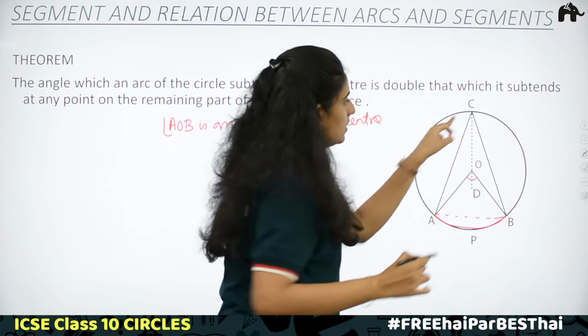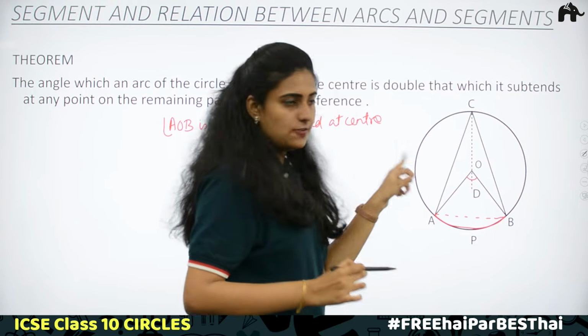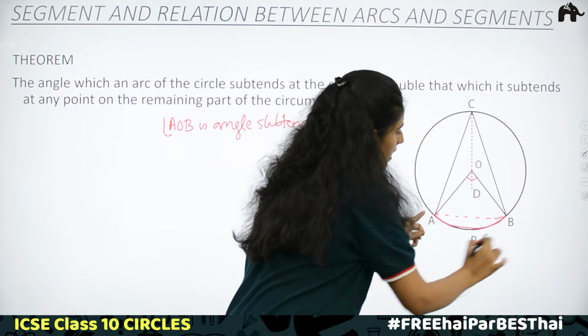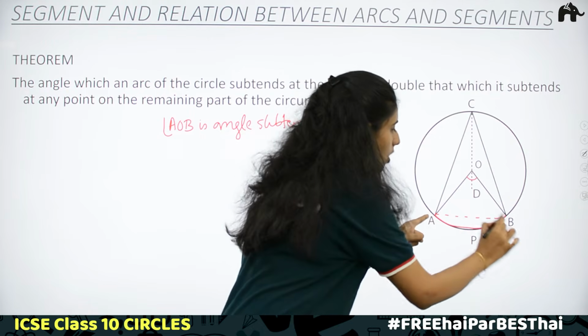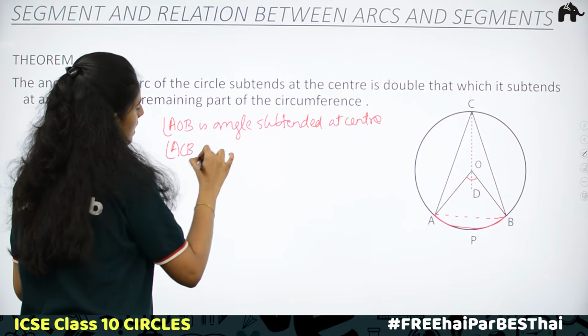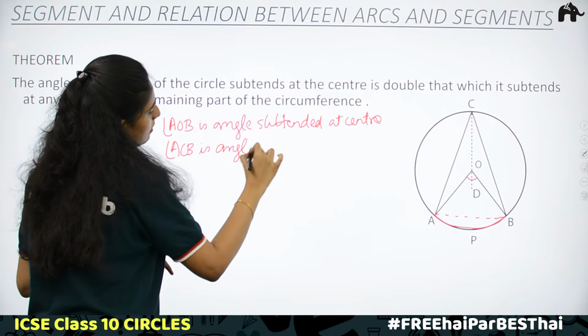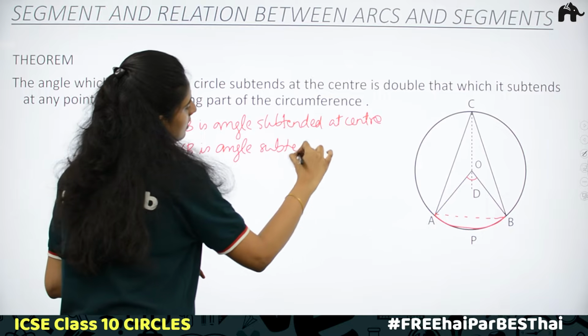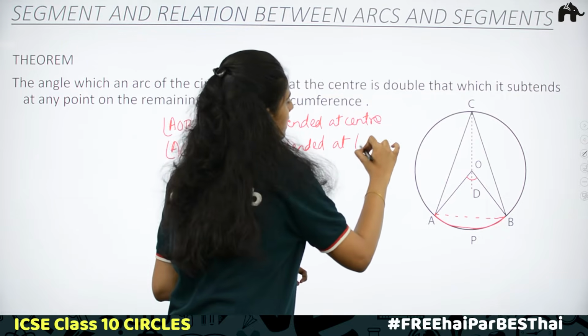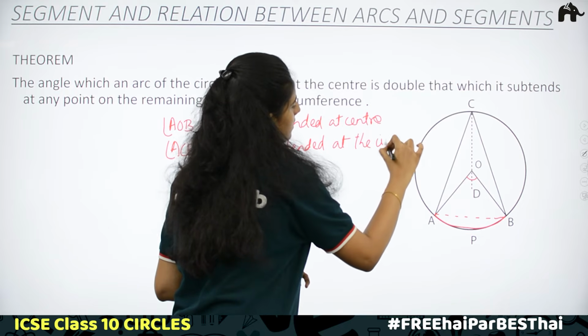C is a point which lies on the circumference, so ACB is the angle subtended by the same arc APB or the same chord AB. Angle ACB is the angle subtended at the circumference.